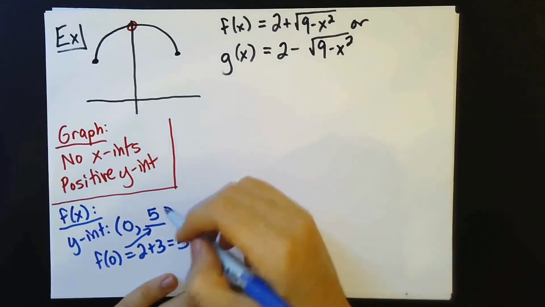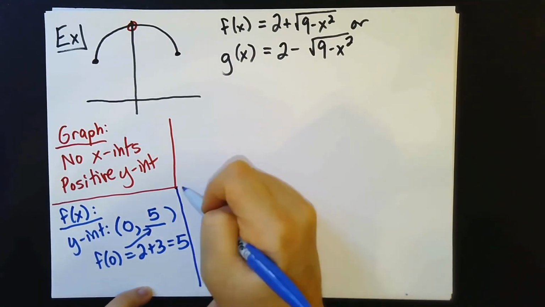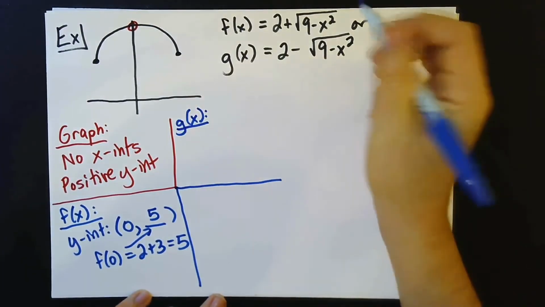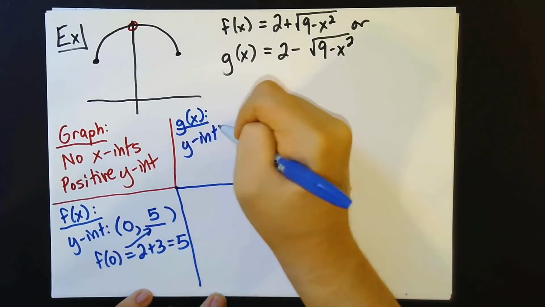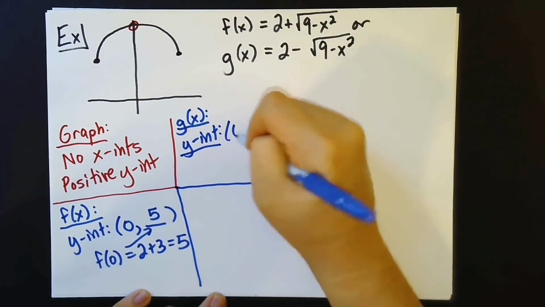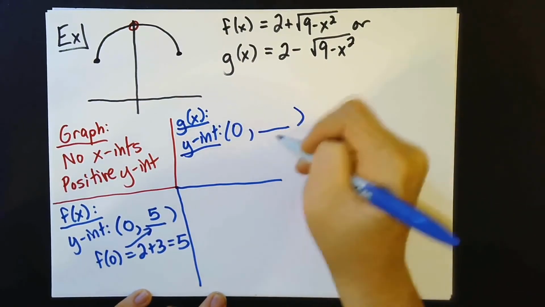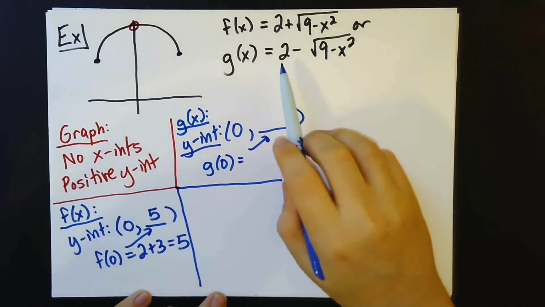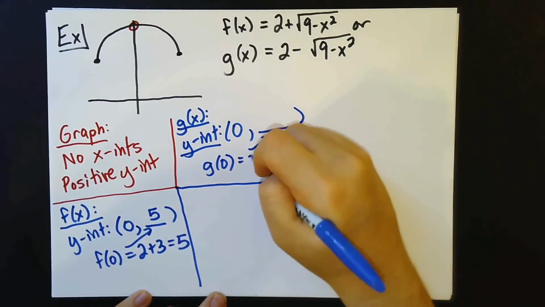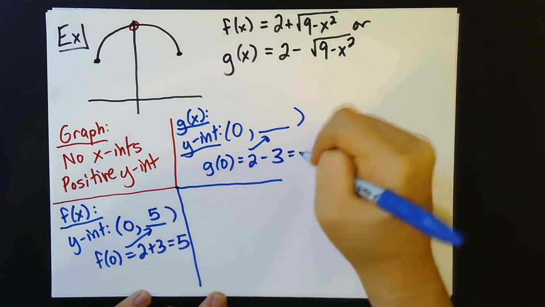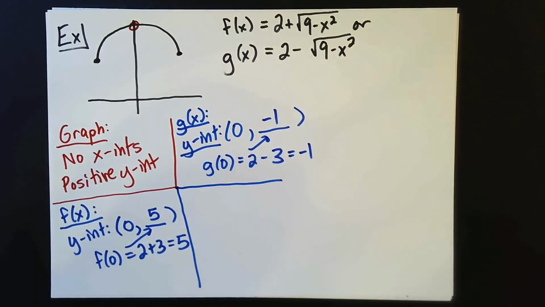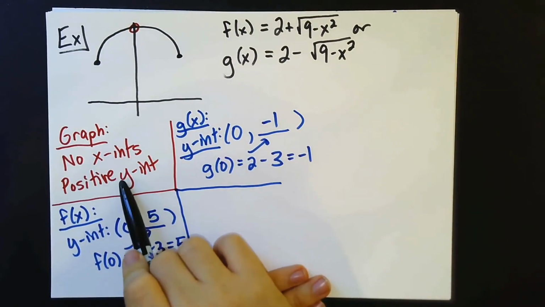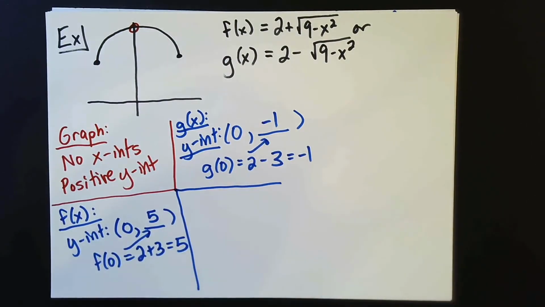When I then look at g of x, and I look at the y-intercept of g of x, it's going to be (0, g of 0). And g of 0 is going to be 2 minus 3, which is negative 1. So that actually does not match the graph. This is a negative y-intercept.